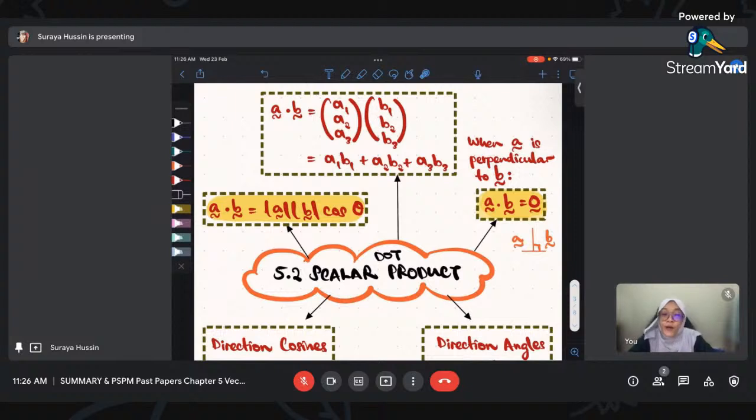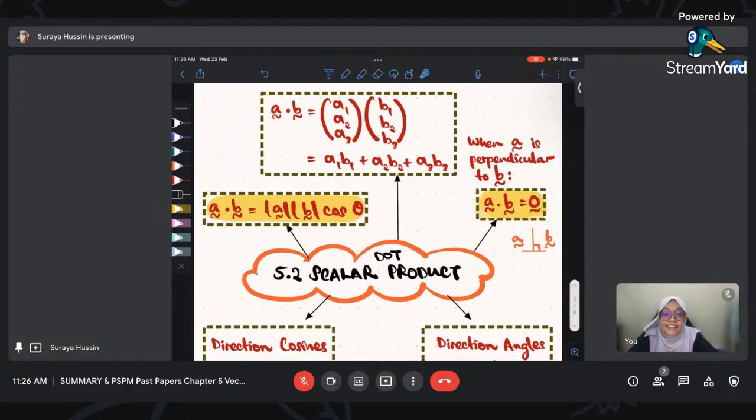Yeah, 0. So 0 times any magnitude, what is it? It's 0. So itulah datangnya kenapa dia kosong. A dot B is equals to 0 because A is perpendicular to B.